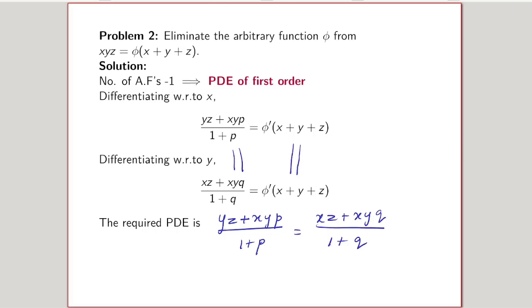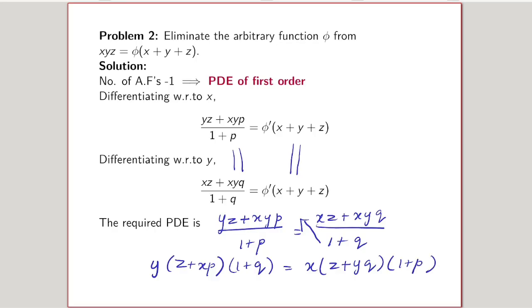Now we are going to cross multiply it and take the term commonly outside. So y into z plus xp, we are bringing this 1 plus q to left hand side. So it is 1 plus q, equal to x into z plus y cube into 1 plus p. So this will be our required PDE.